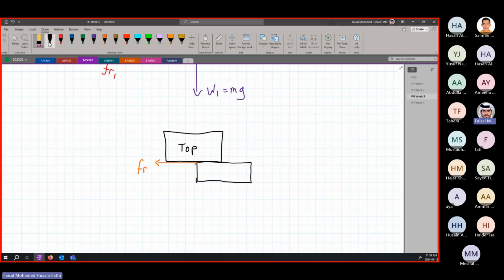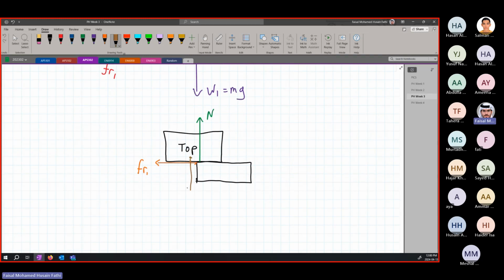The friction caused by this one depends on the normal force of the top box. Depends on this normal force. So this FR1 depends on the normal force for the top box only. And remember, the top box only has the weight of the top box acting on it. The weight of the bottom one is not applying, right?